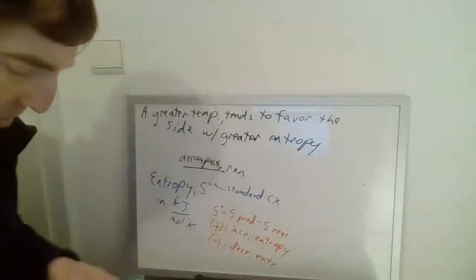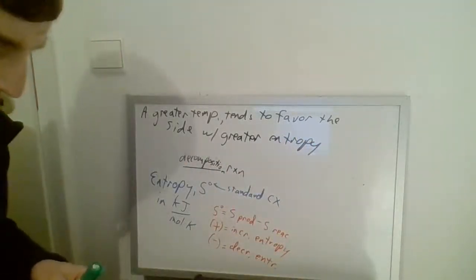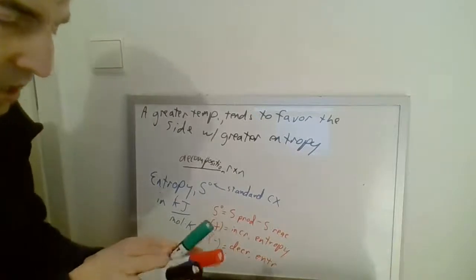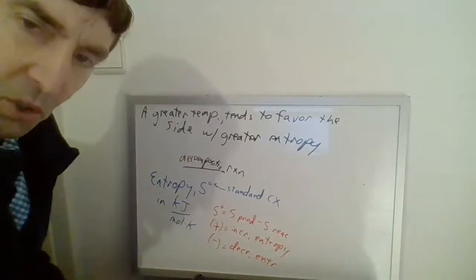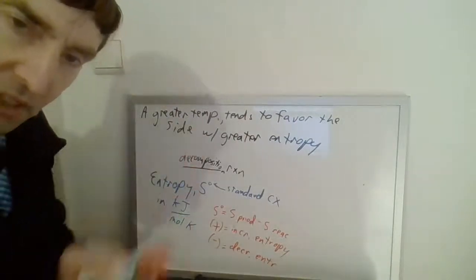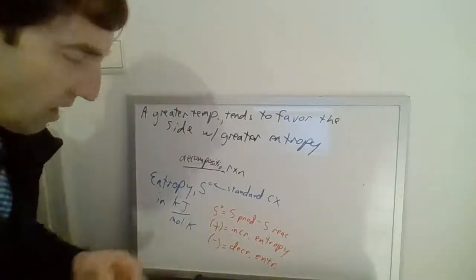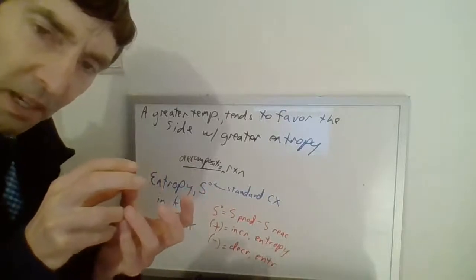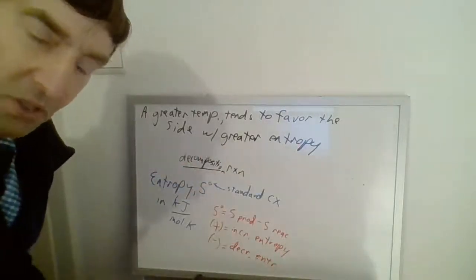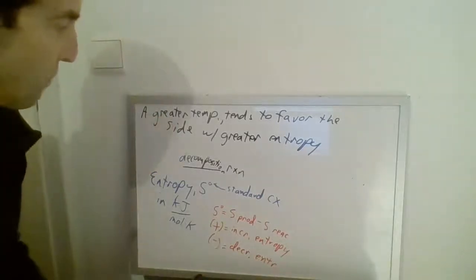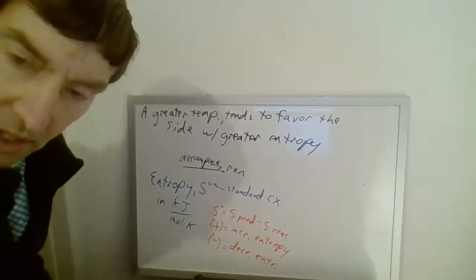Think of my example, okay? You can think of that being low temperature. If I throw them all over, then that could represent high temperature if they're molecules, right? Chunk of calcium carbonate, low temperature, break it up into parts. That's going to happen at a higher temperature. So greater temperature favors the side with greater entropy.